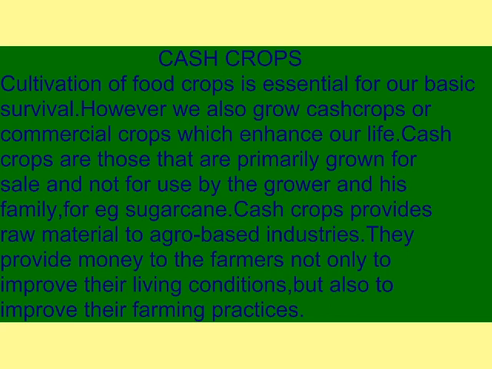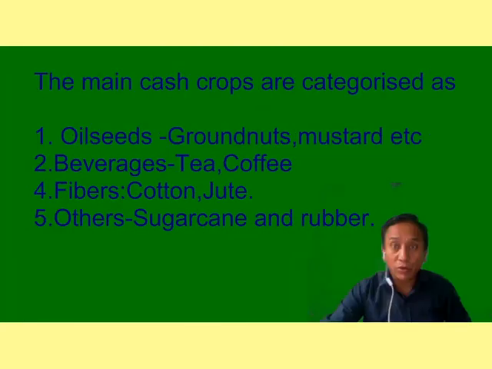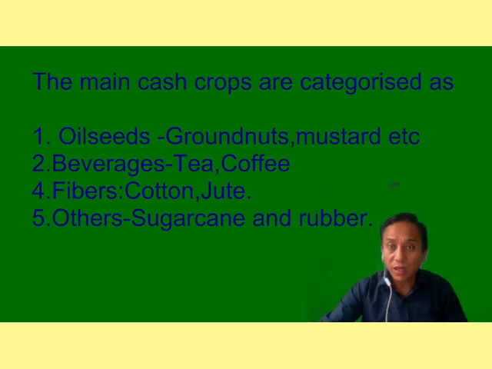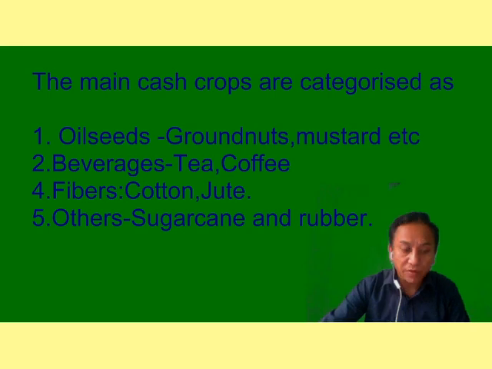So the main cash crops that we'll be seeing are, number one, oil seeds, which comprise groundnuts, mustard, etc. Then we have beverages like tea and coffee. Then we have fiber crops like jute and cotton. And then we have other crops that include sugarcane and rubber. So let us see now one by one the different cash crops that we'll be discussing today.